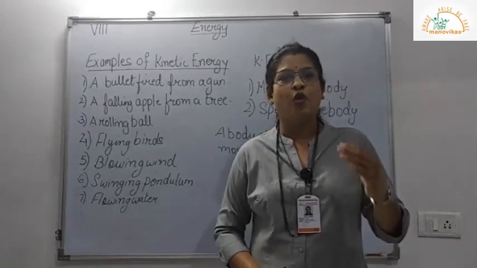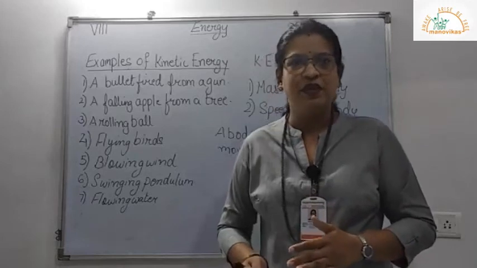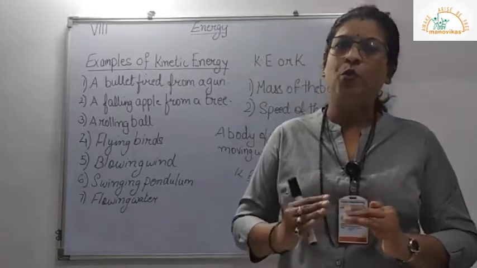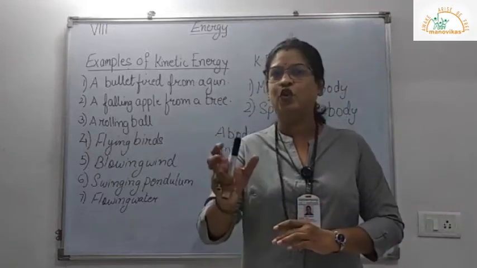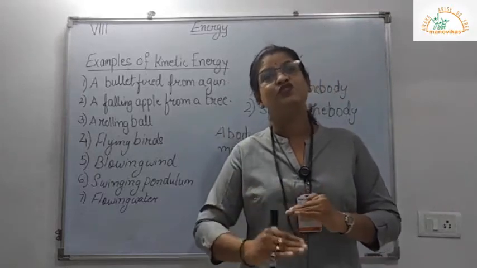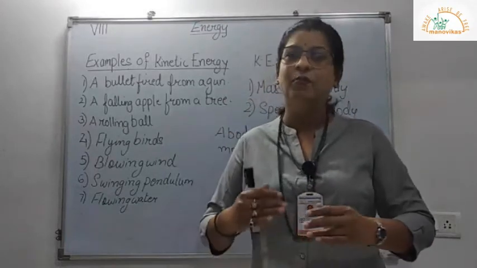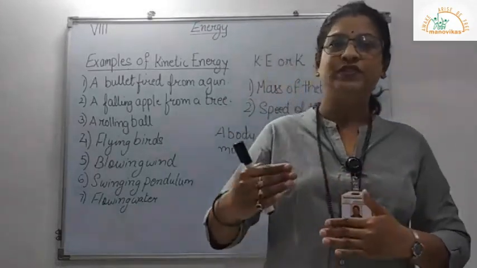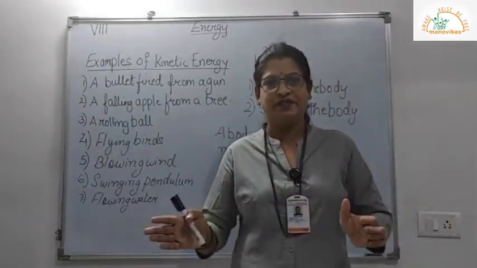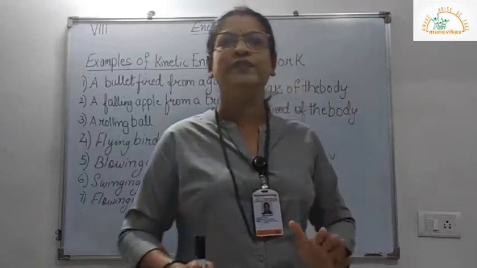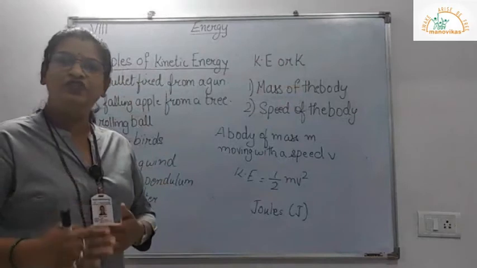When we watch a cricket match, if the batsman strikes the ball with little effort, the ball will cover a shorter distance. But if he strikes hard, the ball will cover more distance to fetch him a 4 or 6 runs. So these were the two examples of dependence of kinetic energy on speed.